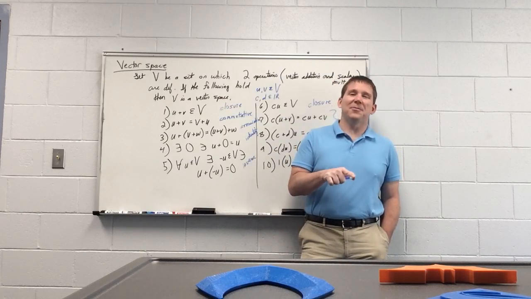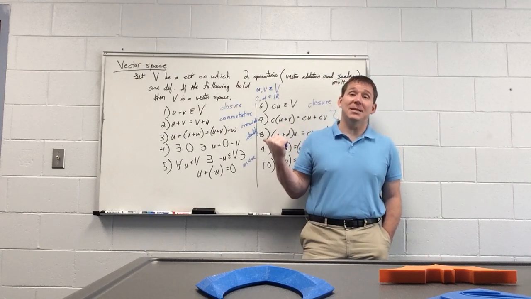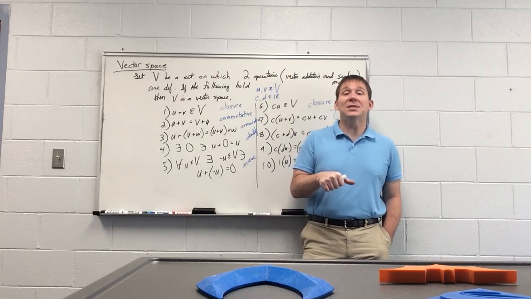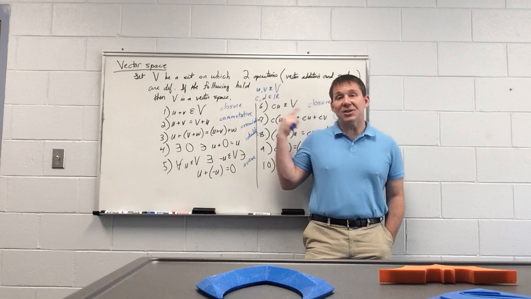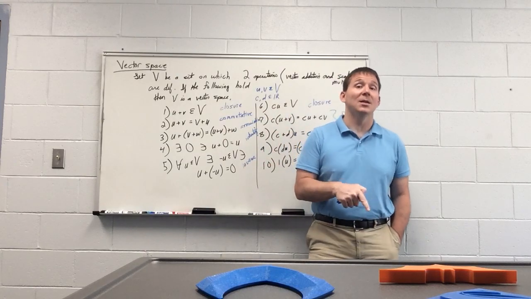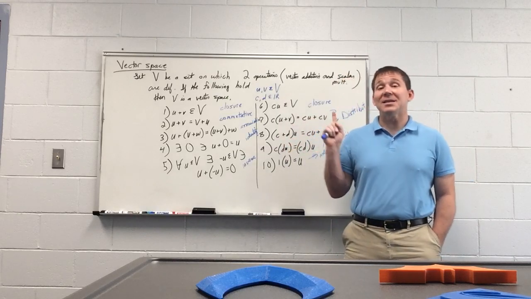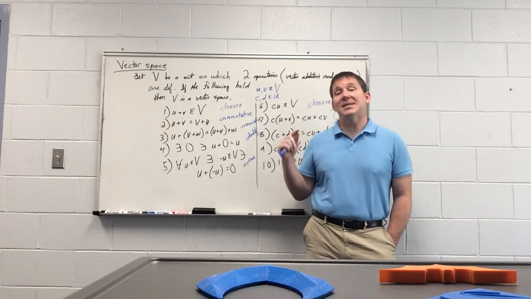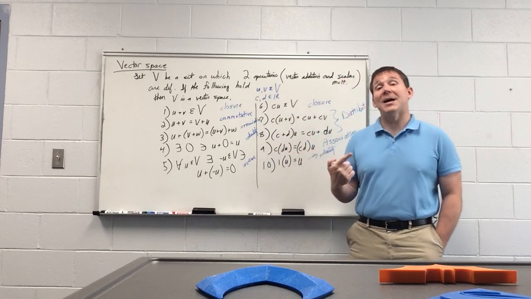A lot of different sets of things have these properties, and either every time I define a new set of things, I can redefine all the properties and show that all of these things hold, or I can prove that all of those different things are vector spaces, and then once I know they're a vector space, I know all of these properties hold, and I never really have to redefine them.